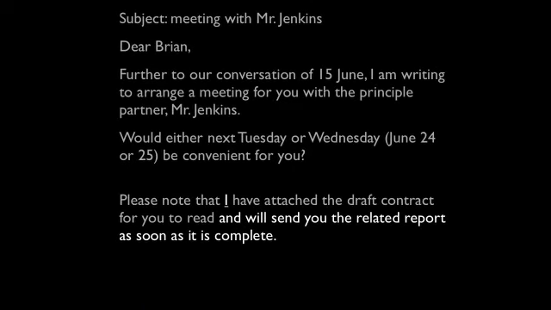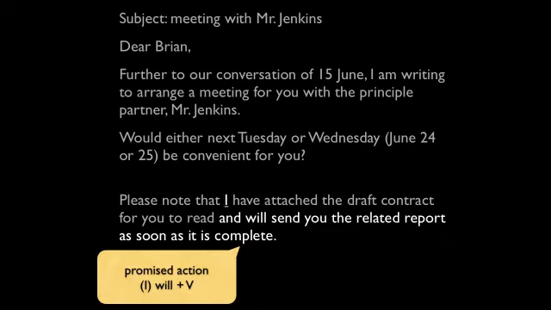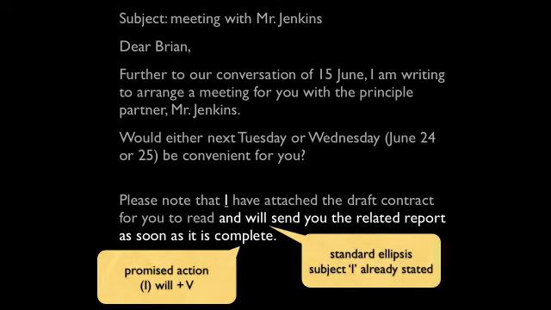We promise action with "I will." In formal emails, we only leave out subjects if they are already clearly stated earlier in the sentence. Otherwise, we write every word. In informal writing, we regularly leave out subjects and auxiliary verbs. This is called ellipsis.